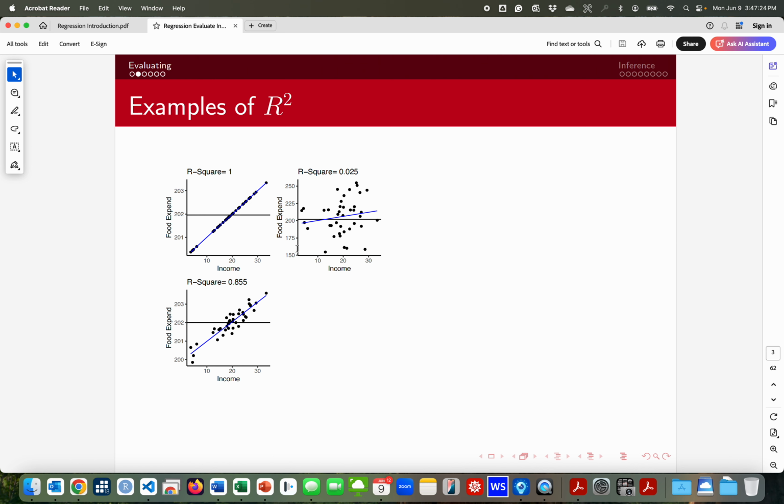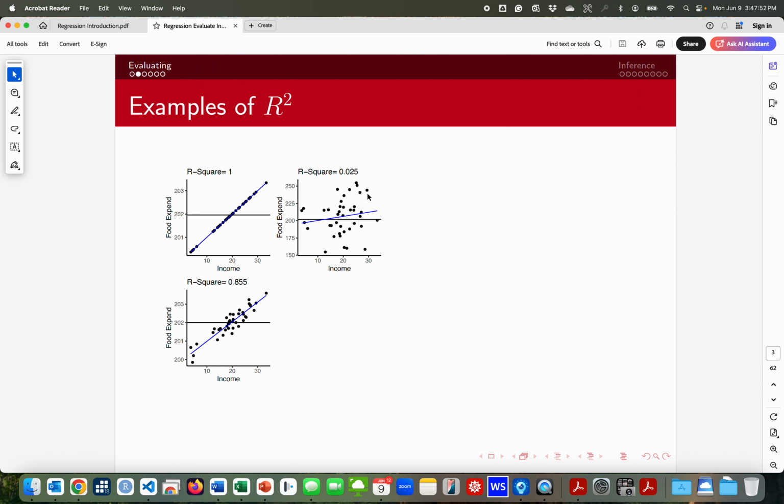In this next example, where the R-square is really low, 0.025, notice if we take the dot minus the mean, this distance would be the total variation. Think about the total variation for that point, or how much it varies from the mean. And most of that is unexplained, because remember, the difference between what we observe and what we predict is the residual.